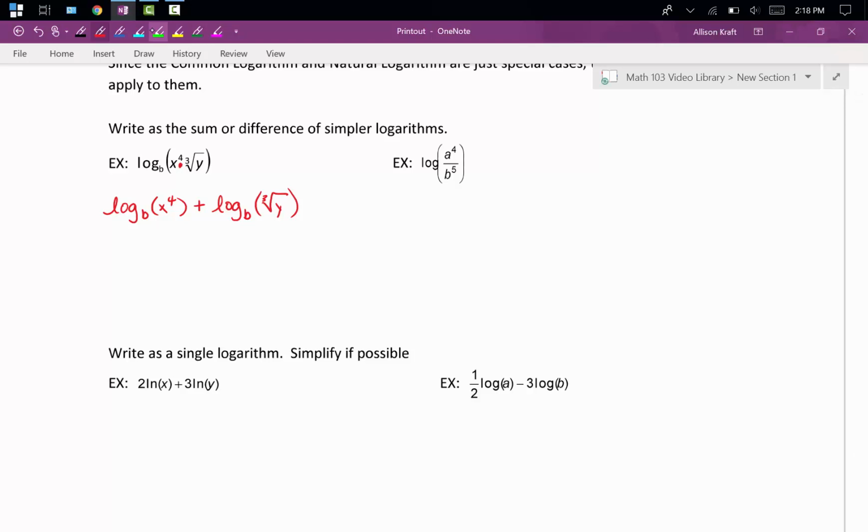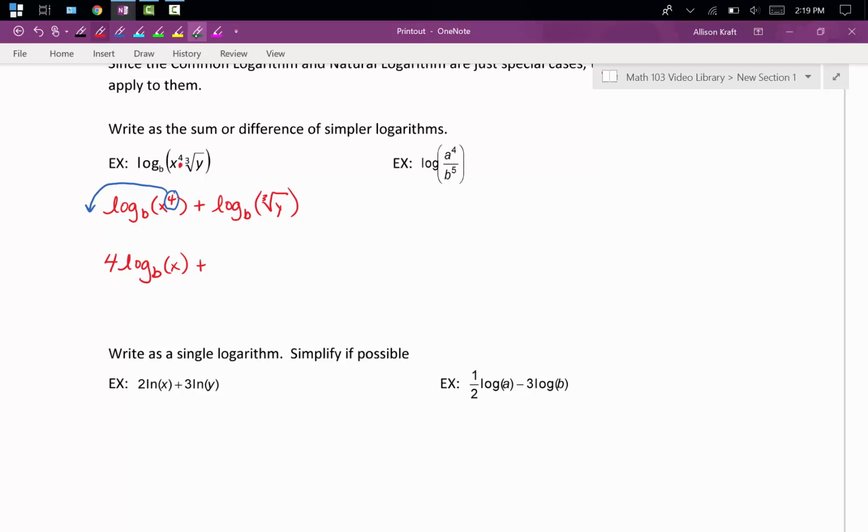I see in my first log that we've created that I have an exponent of 4. Well, this exponent for our seventh property is going to become a coefficient. We get 4 times log base b of x.